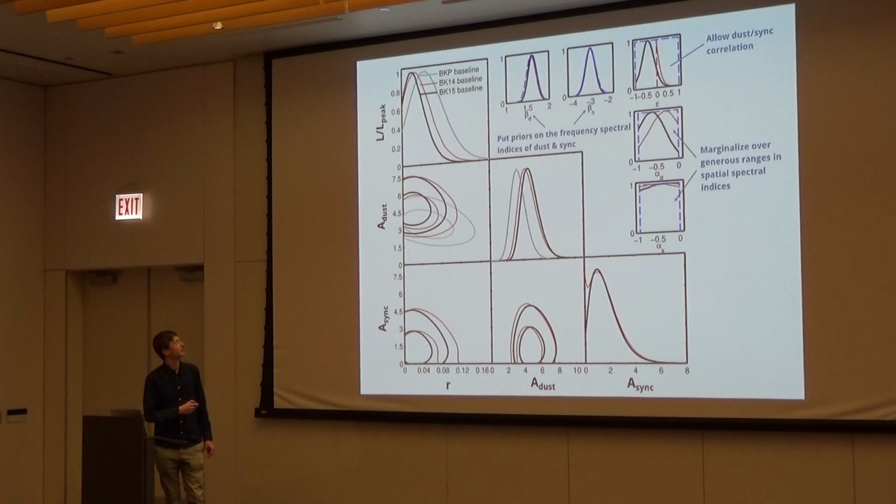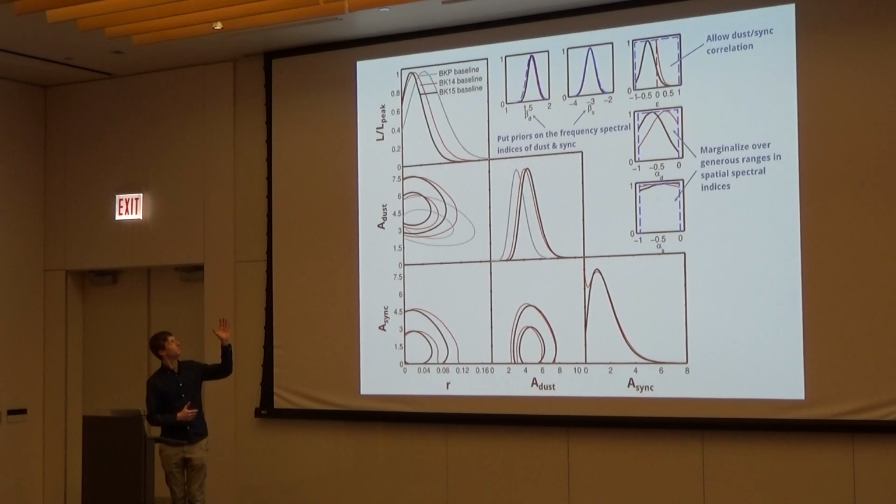Okay, and then the bottom line result is how well we measure the tensor to scalar ratio. Going from the gray curve to red to black, the constraint is getting tighter as we improve the data.